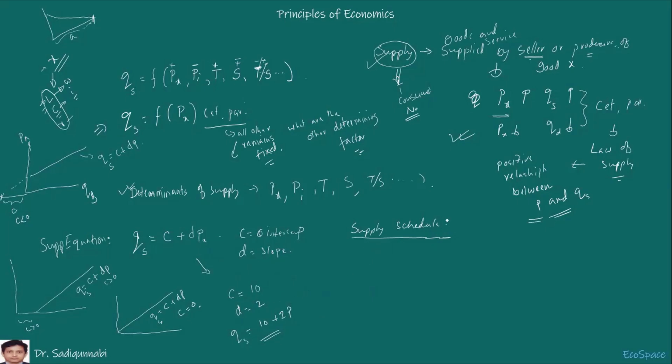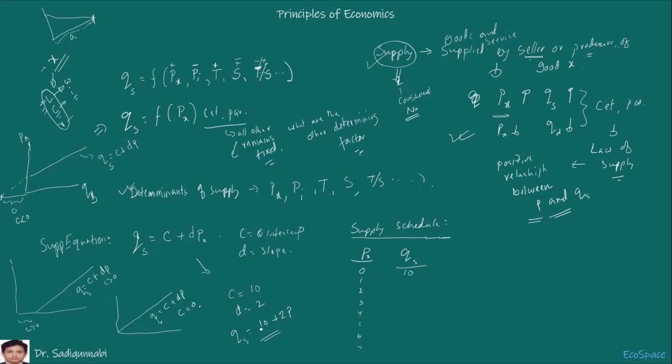Now, as we have done previously, price is starting from 0, 1, 2, 3, 4, 5, 6, 7. Now what is QS? When P is 0, what is QS? Of course 10.